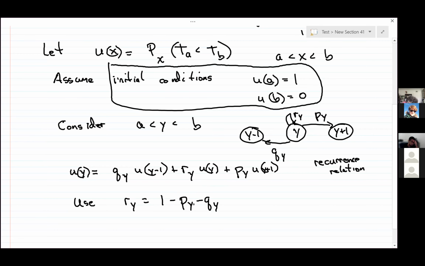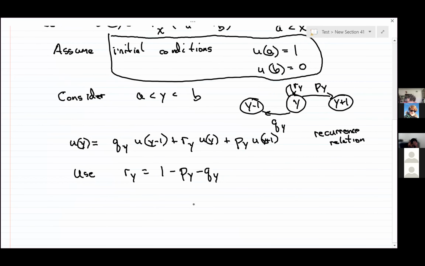Okay, so what do they do next? What they do next is they substitute this into this equation.